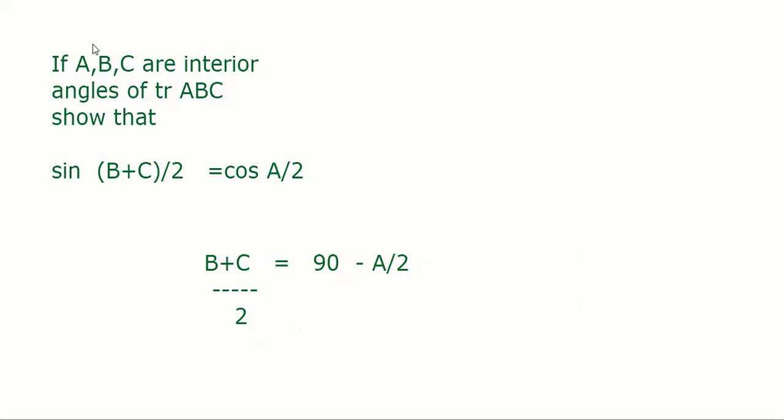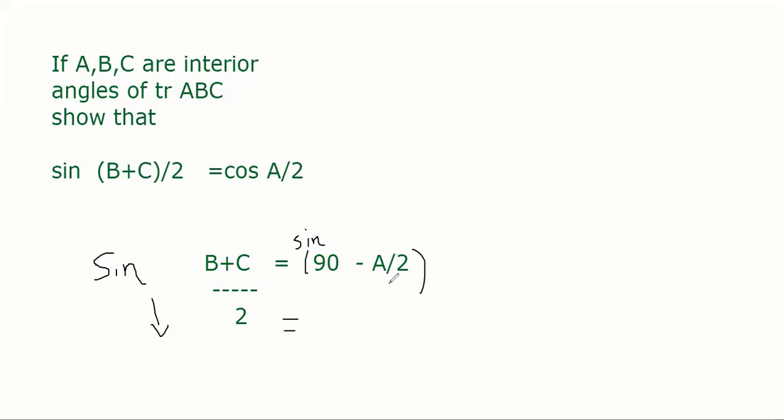Now if I take sine of both the sides, sine of this and sine of this. So my question becomes sine of (B plus C) by 2 equal to sine of (90 minus A by 2). So left side तो इतना ही है.